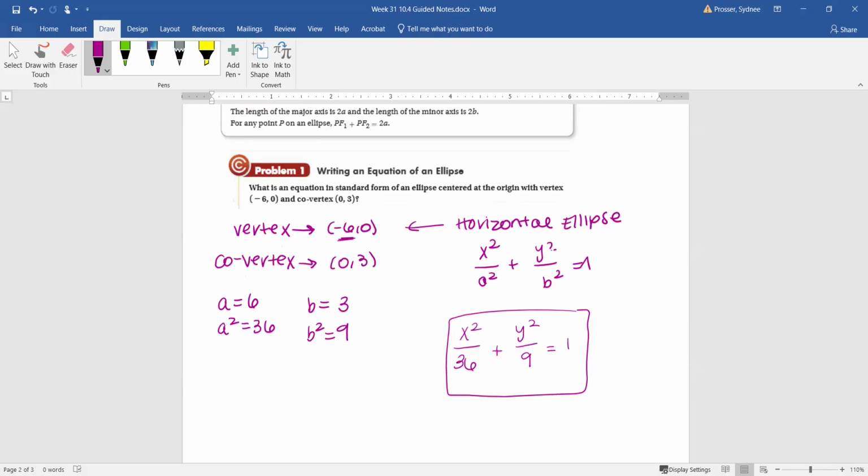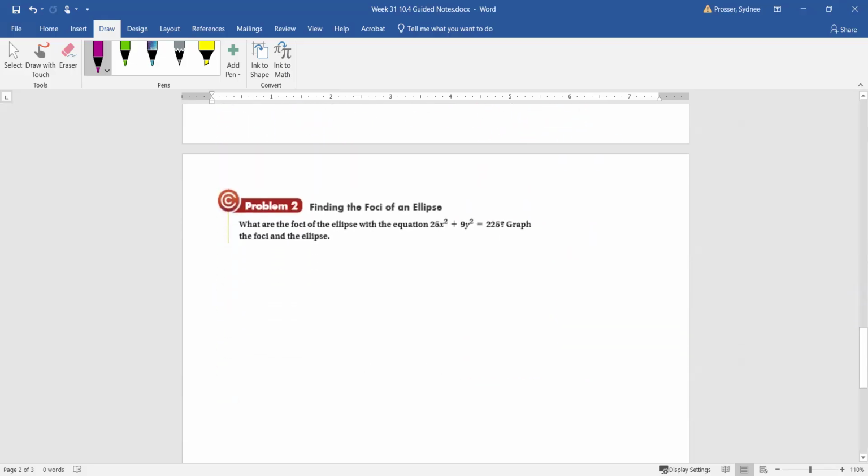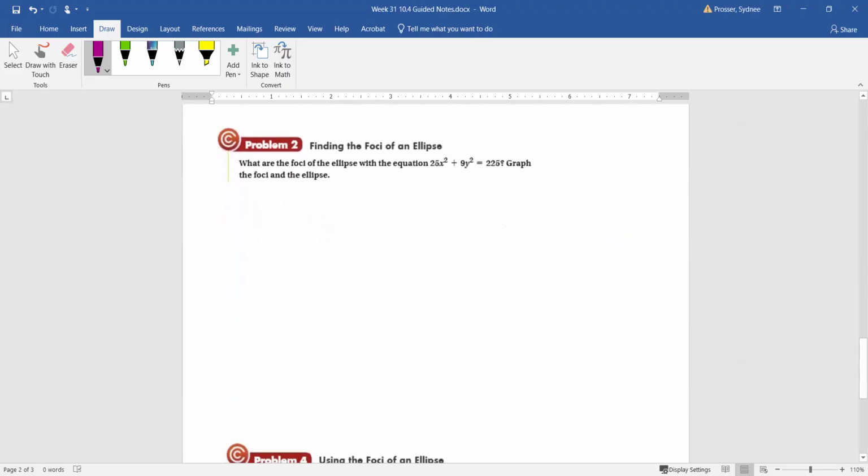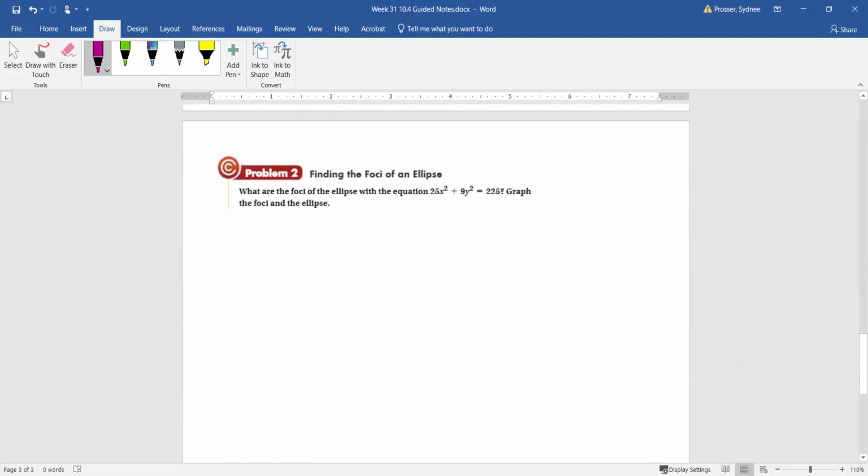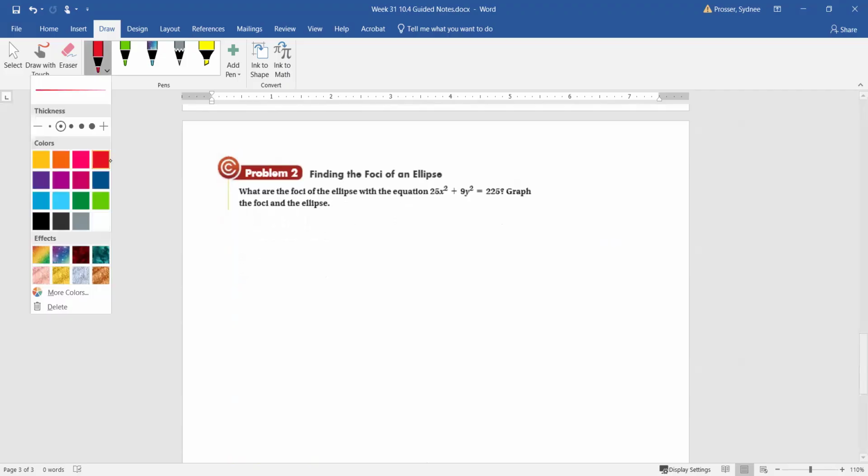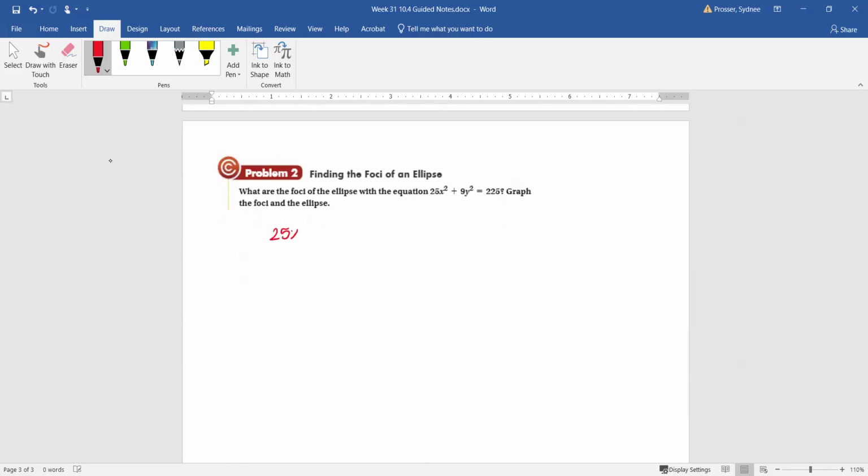Okay, let's check out problem number 2. What are the foci of the ellipse with the equation 25x squared plus 9y squared equals 225? Then we want to graph the foci and the ellipse. So let's write down this equation: 25x squared plus 9y squared equals 225.